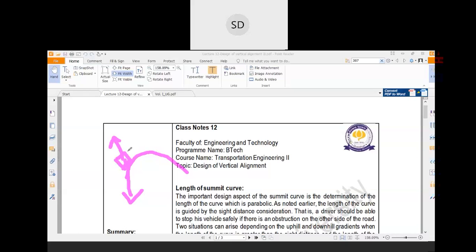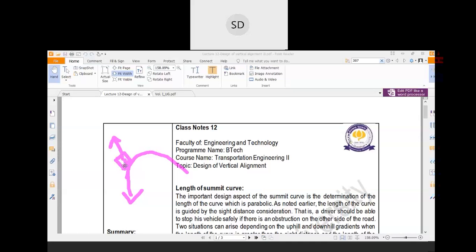For this reason, in the summit curve, the passenger will feel comfortable. So there are no comfort related problems in the summit curve. Summit curve is always comfortable. And see, this is very important. You just remember the logic why summit curve is comfortable.